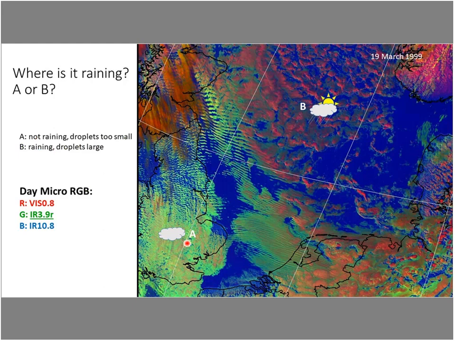And actually the answer is for A, not raining, because the droplets are too small. Again, in the day micro, we have this famous 3.9 channel that actually shows us where we have bigger reflectivity from the clouds in comparison with the other ones. So basically the green contribution here is strong.